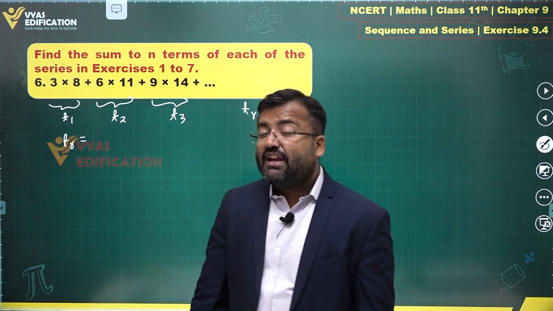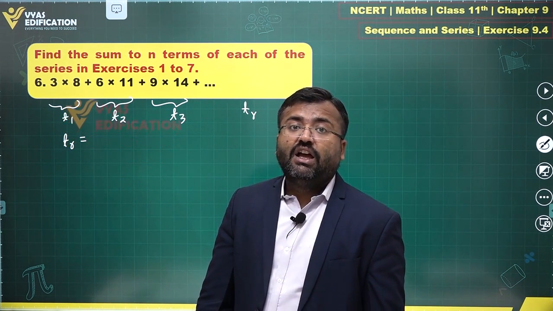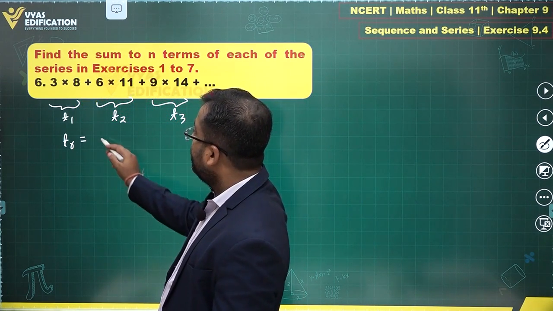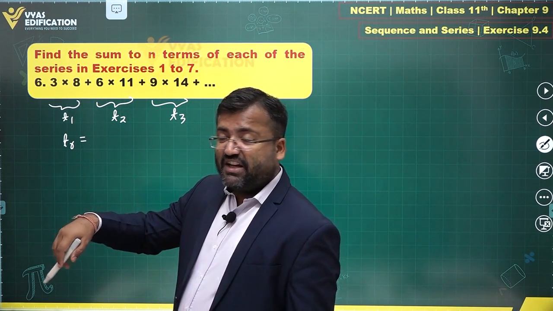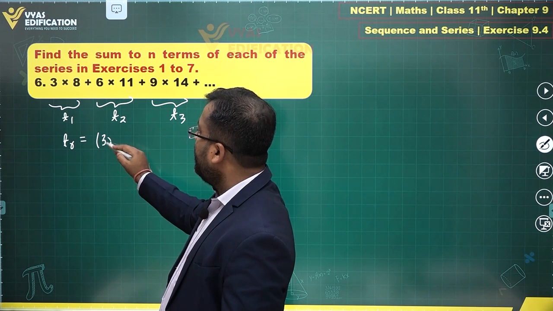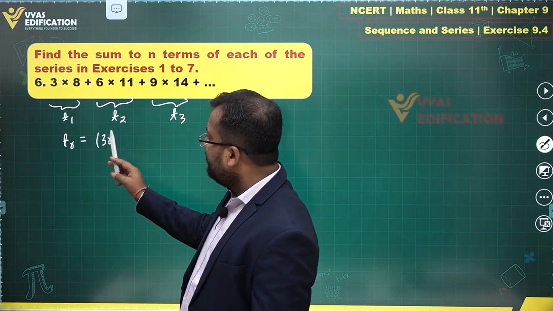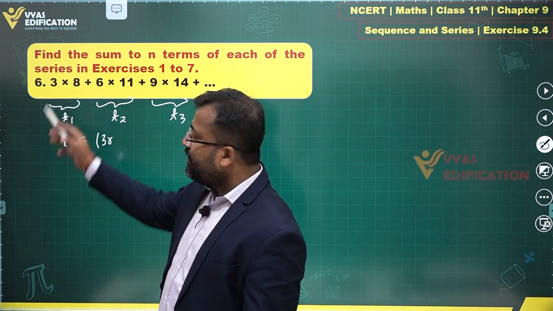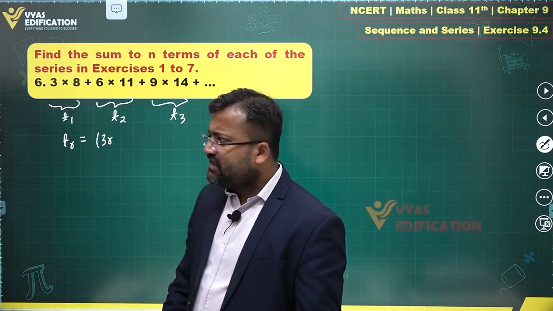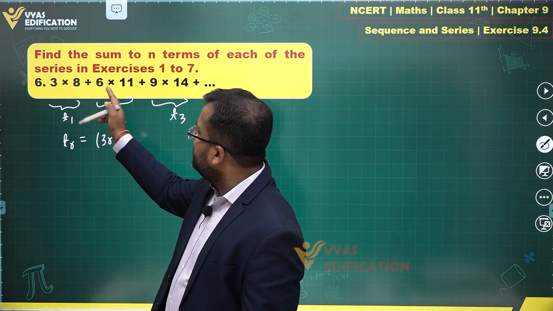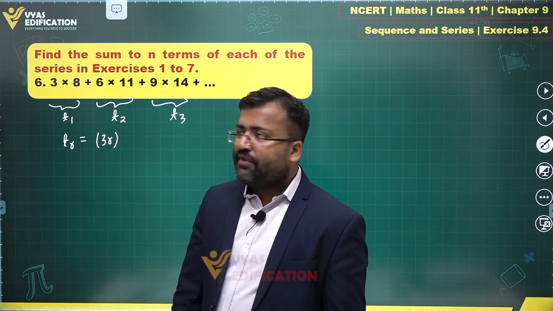These are again in arithmetic progression. The common difference is 3, so I'll write 3R plus or minus something. Putting R equal to 1, I get a 3. 3 plus something should be equal to 3. What's that? 0? Yes. So this is simply 3R. This 3, 6, 9 are nothing but simply 3R.